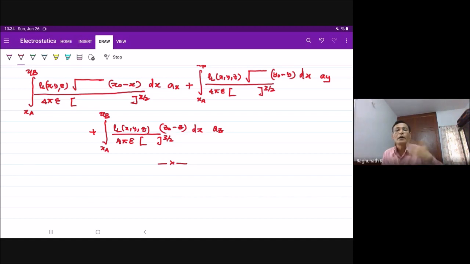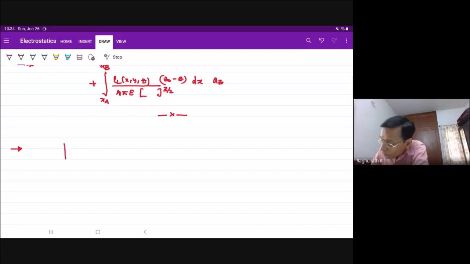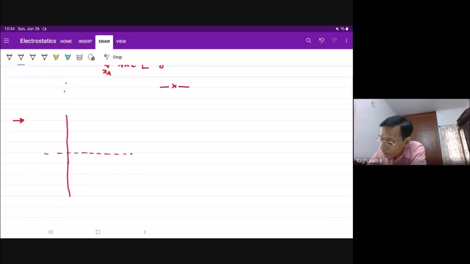Let us now consider a sequence of line charges first. Number one, a line charge of length L along the Z axis from minus L by 2 to plus L by 2, and a point on the y-axis which is at a distance of y naught.